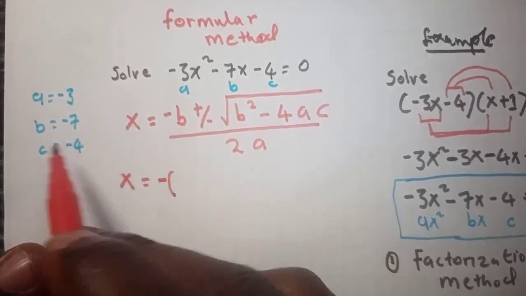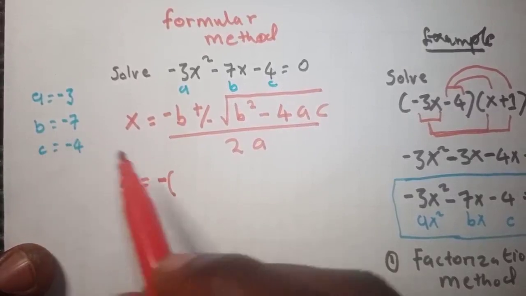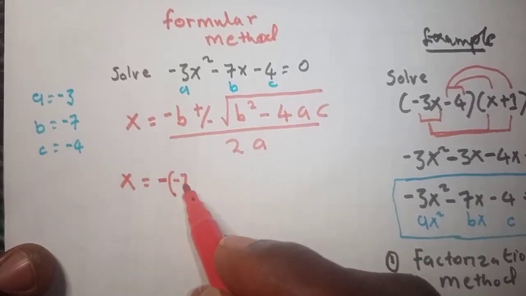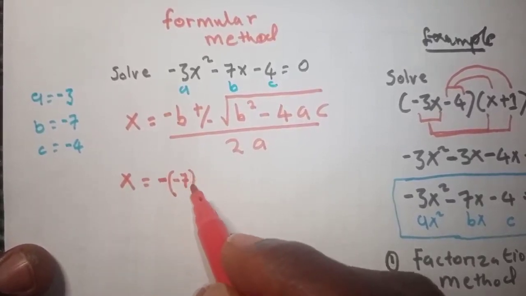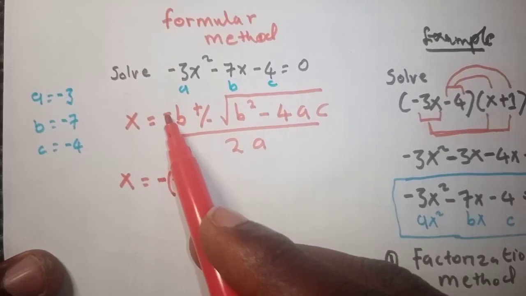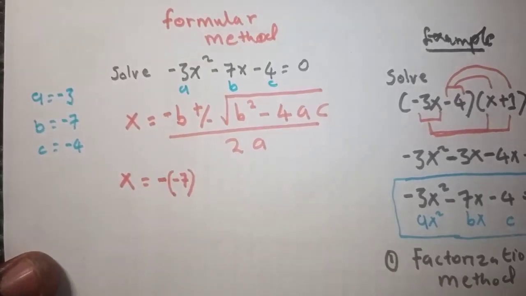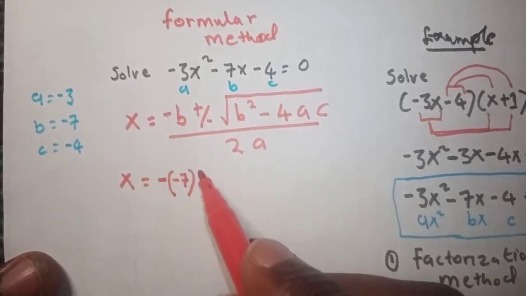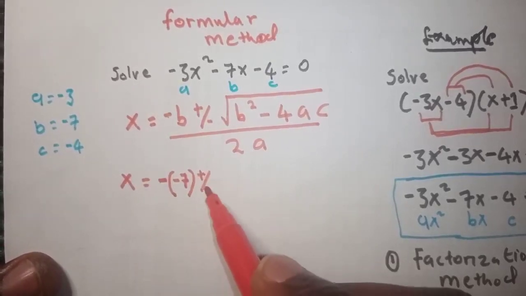I've opened the brackets. What is my b? My b is -7, so I'll write here -7. Just do it like this and you won't get confused with the signs, because people sometimes forget that there's a negative here. So there's a negative here, and then for b, it's -7. So plus or minus.